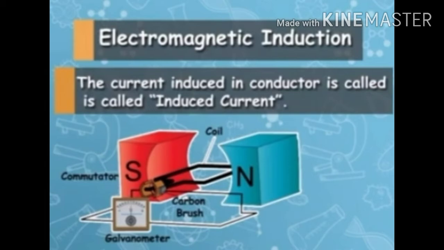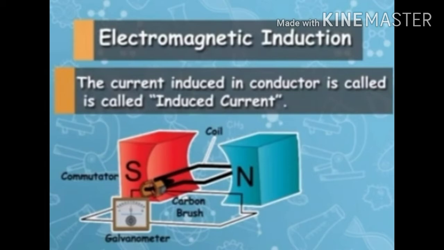Another thing, you have to connect a galvanometer with that conductor in order to identify the flow of current. Depending on the direction of the current, the galvanometer shows deflection. The galvanometer measures the potential difference, that is, the voltage.